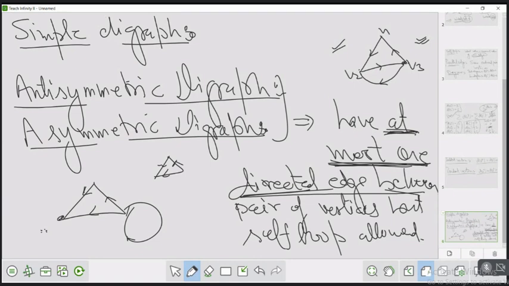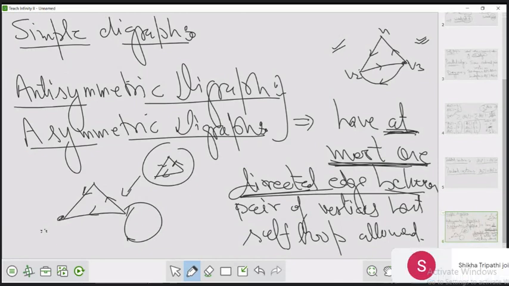Both are antisymmetric. This one is simple as well as antisymmetric. But this one is antisymmetric only, not simple. And this is simple but not antisymmetric.